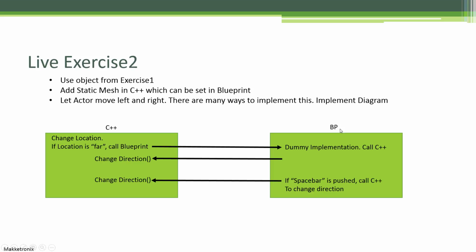But all we will do in our blueprint is a dummy implementation. We may print to the screen and say, hey, function is called. Then we call C++ again. Basically, we could have called things here directly, but I want to show you how we can go to the blueprint, do something, and then we can call C++ to change direction.